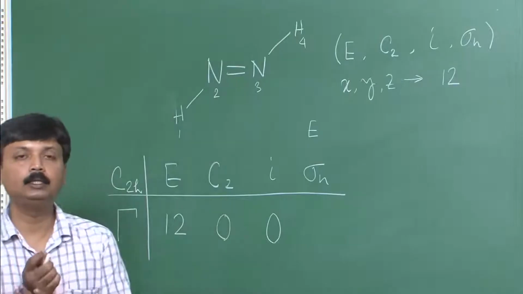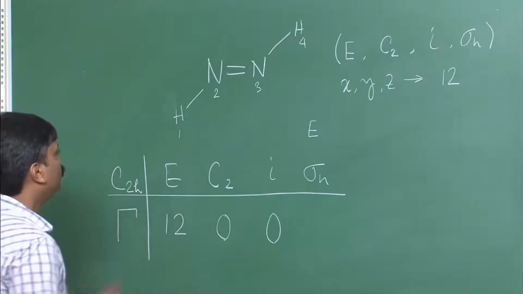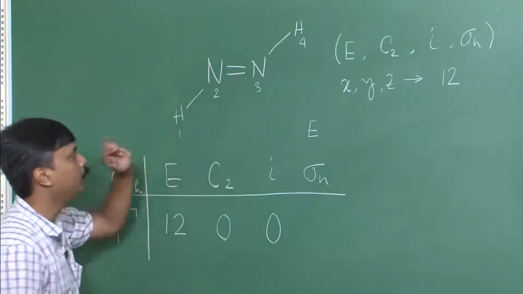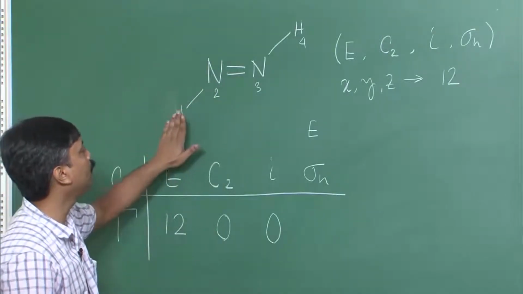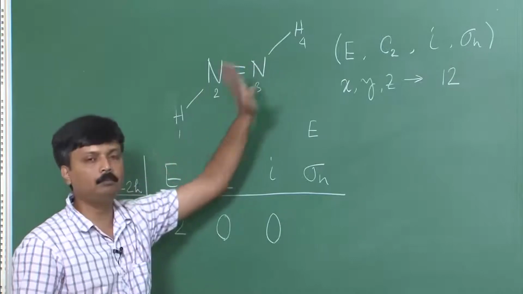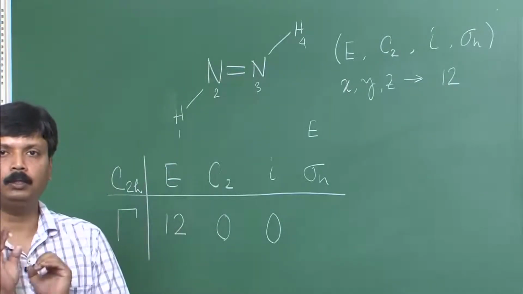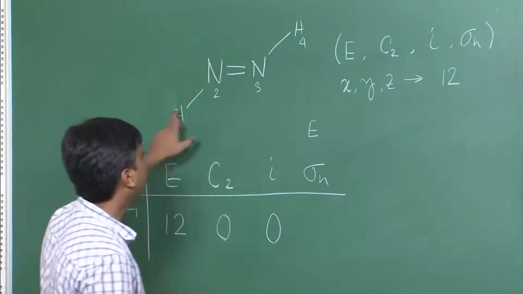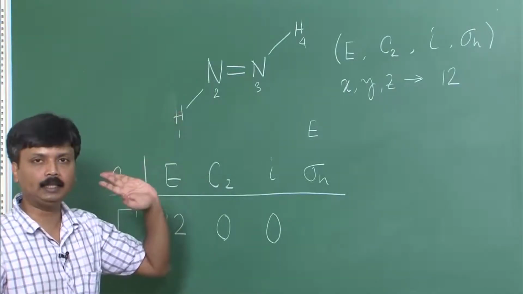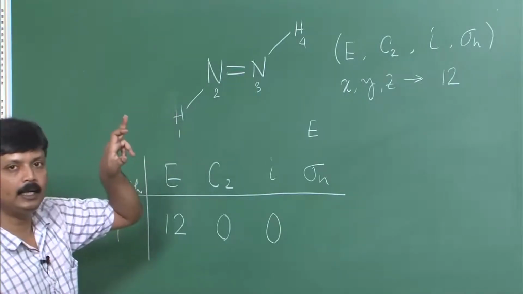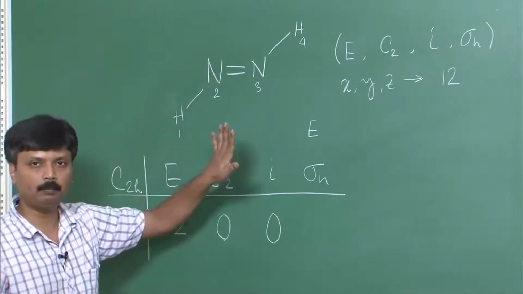Now, what about sigma h? Sigma h will be in this plane. So, what will it do? It will keep all the atoms in their place. Now, here we have to worry about something. We are considering x, y and z axes, right. So, if this direction is the z axis, then the molecule is in the xy plane.